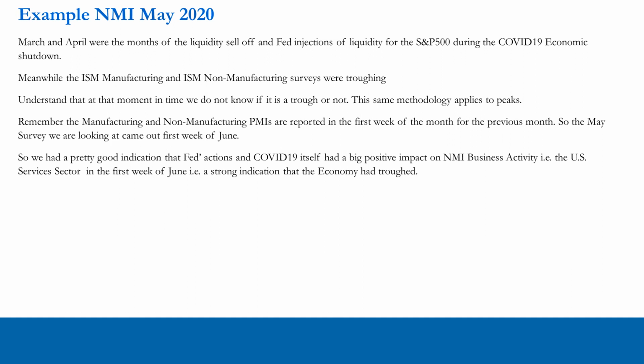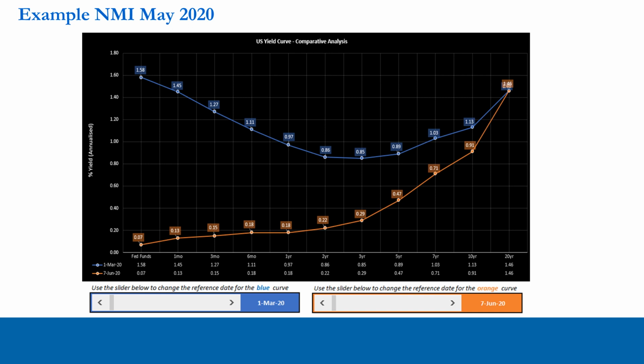We had a very strong indication that the economy had probably troughed. And of course, we weren't just looking at the NMI. We were also looking at the ISM, and we would have been at that moment in time also looking at the yield curve.